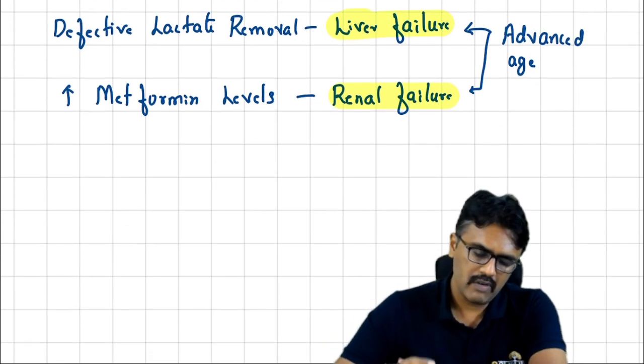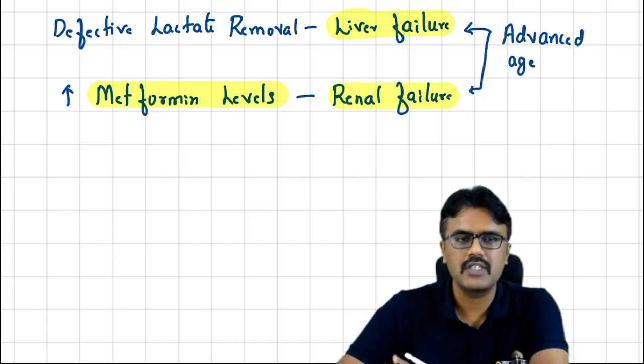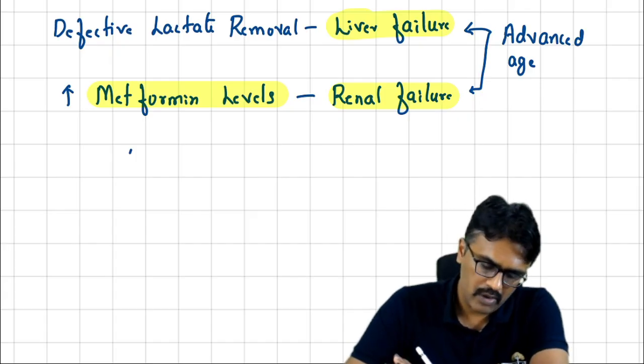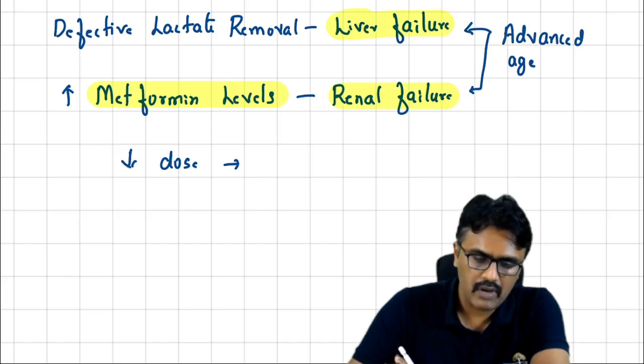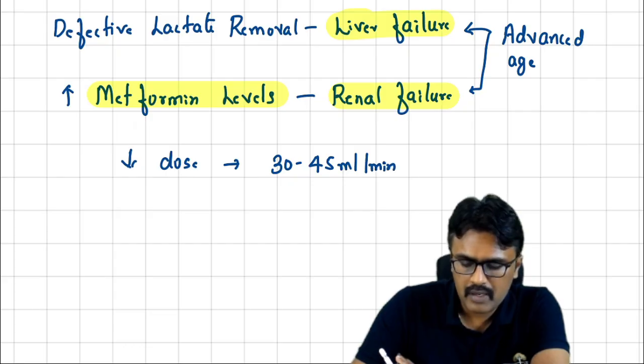Now, whenever you give metformin, you should always monitor the renal function. You have to reduce the dose when the GFR is between 30 to 45 ml per minute per 1.73 meters square.